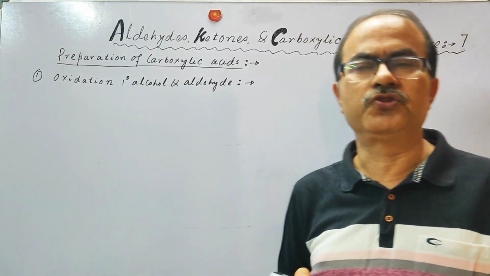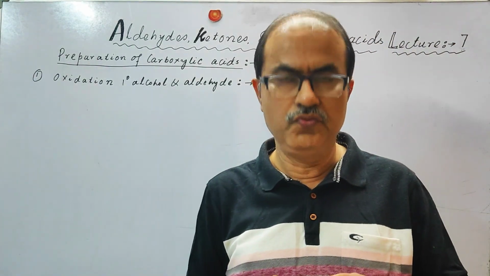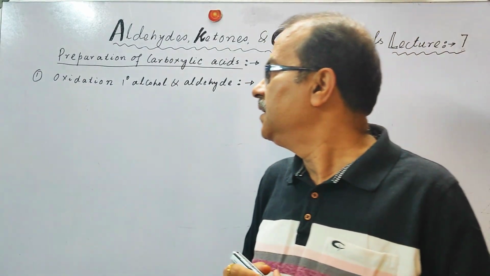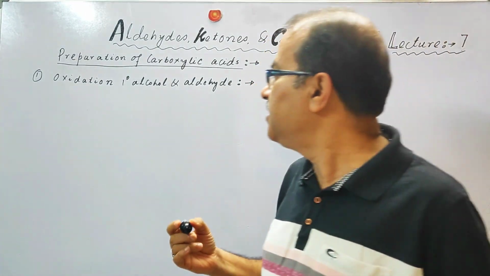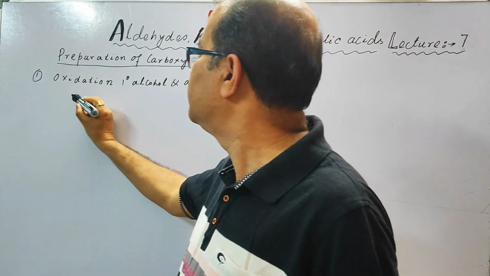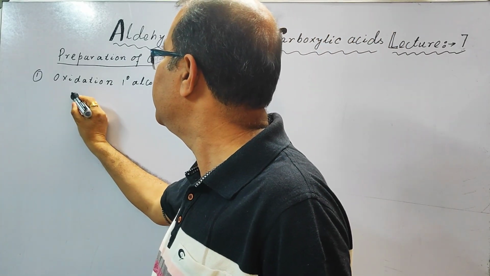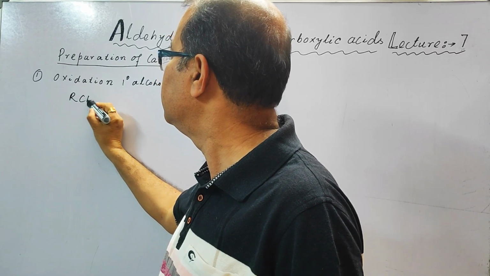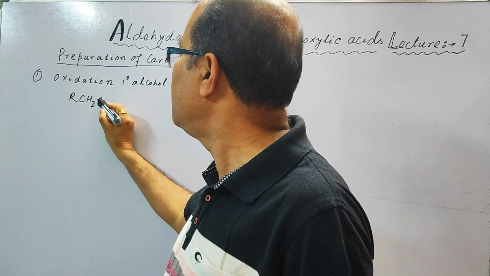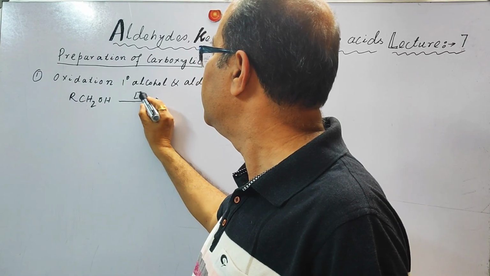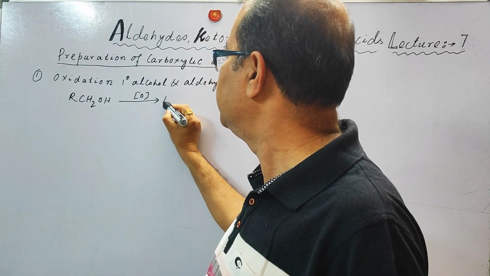When we are talking about the oxidation, naturally we have to be very much cautious about the oxidizing agent. The general reaction, that is formation of the carboxylic acid from the alcohol, is like this. This is alcohol, 1 degree alcohol, and it has been oxidized to carboxylic acid.